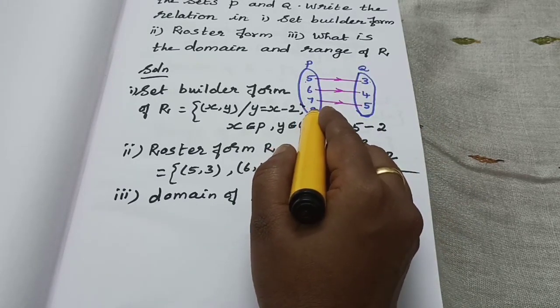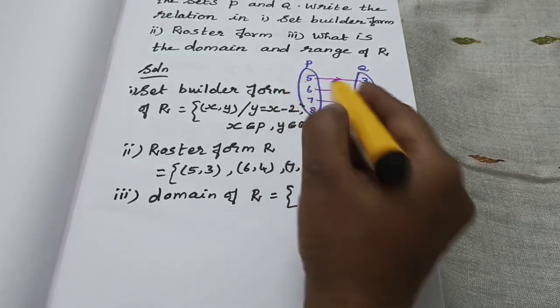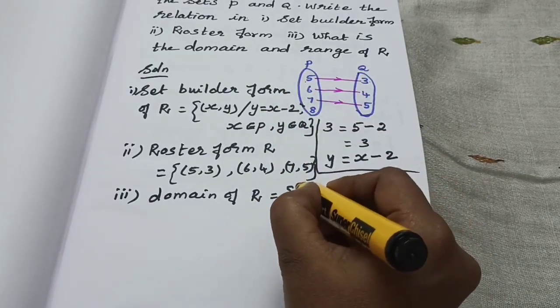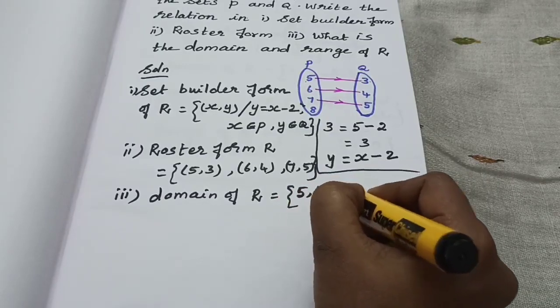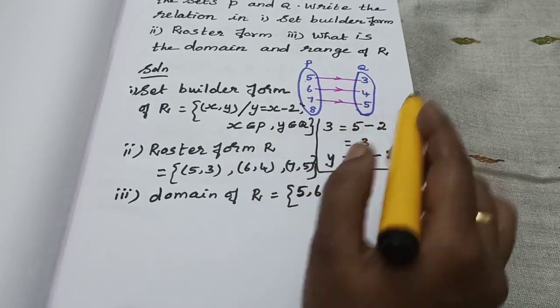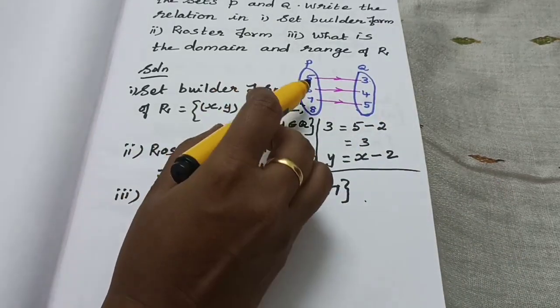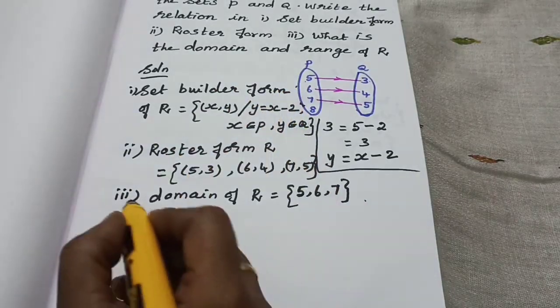Except this 8, the remaining P elements. Okay, what are the elements? 5, 6, 7. These 3 elements only have the relation, isn't it? So the domain of R is equal to 5, 6, 7.